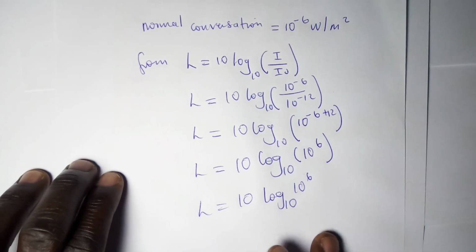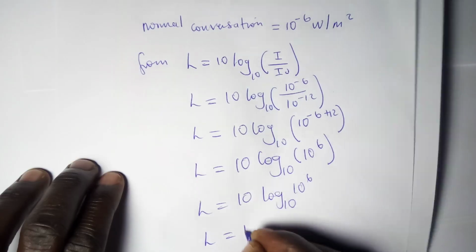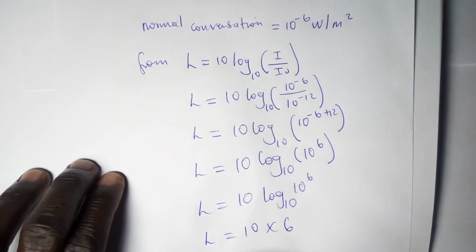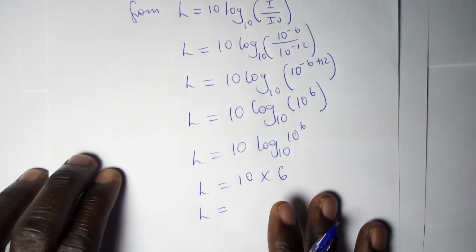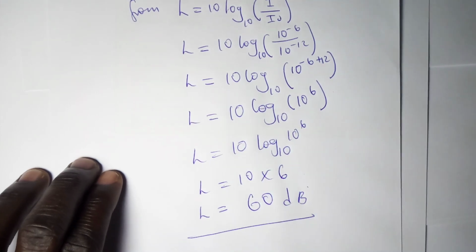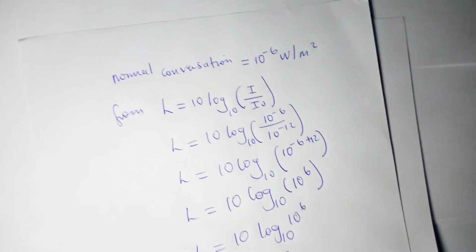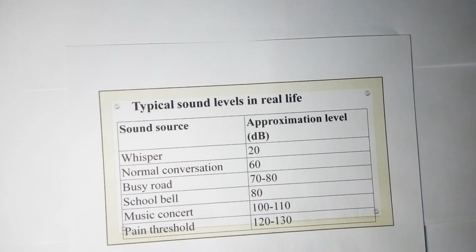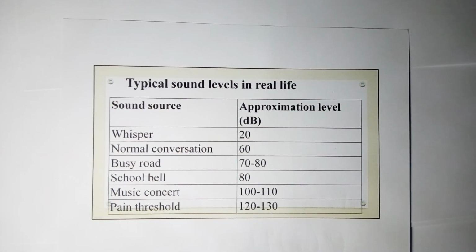So we shall have 10 times 6. L now gives us 60 dB. That's what we call the normal conversation, and it is the same as we are seeing in our table.